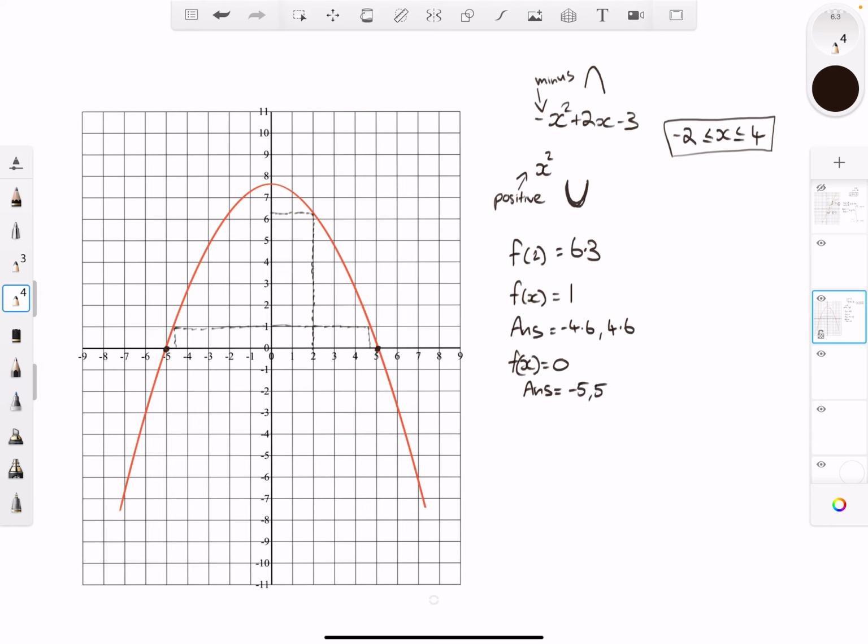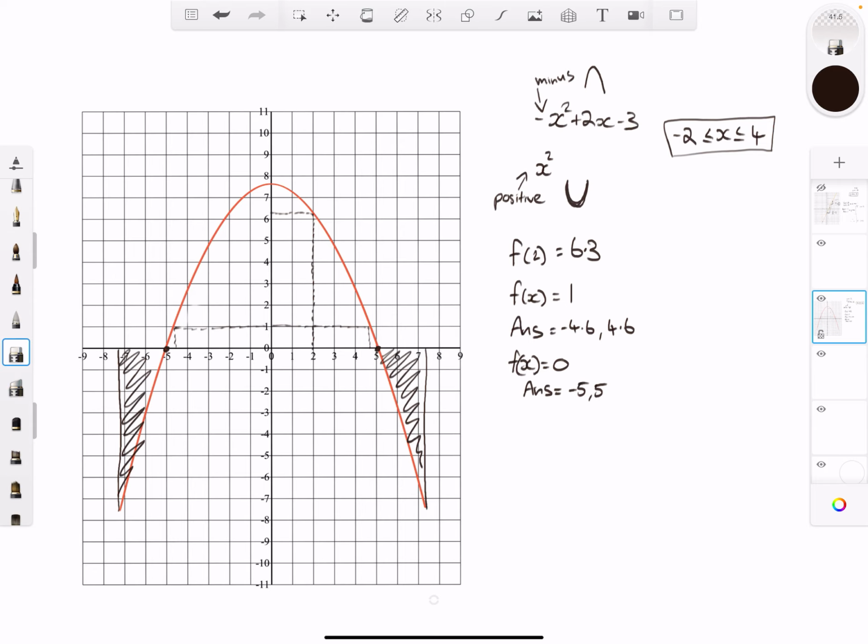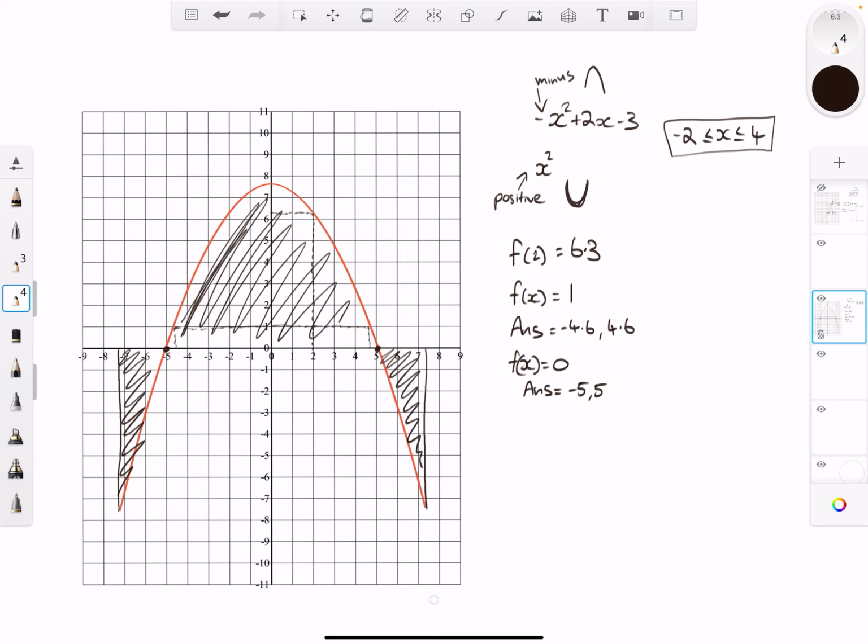Now, if you are asked to find what is positive and what is negative, everything below the x-axis is negative. So this is all negative, that's all negative, and everything up here is positive, okay? I'll just get rid of that for a sec.